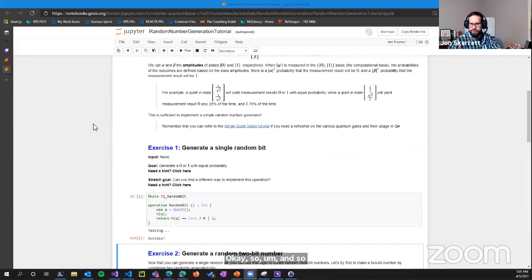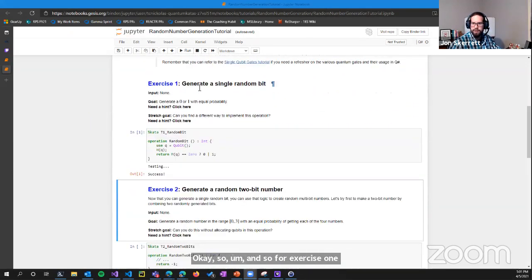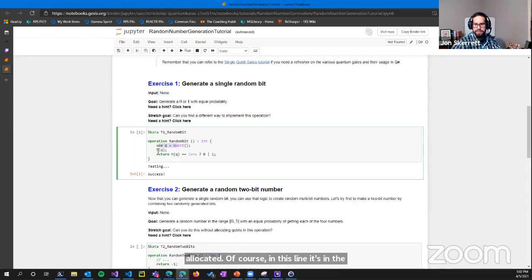So for exercise 1, generate a single random bit. First, we allocate the qubit, use Q equals qubit, and then apply the Hadamard gate to the qubit that we just allocated. Of course, in this line, it's in the 0 state. Here, it's an equal superposition of 0 and 1. And then this is the measurement function.